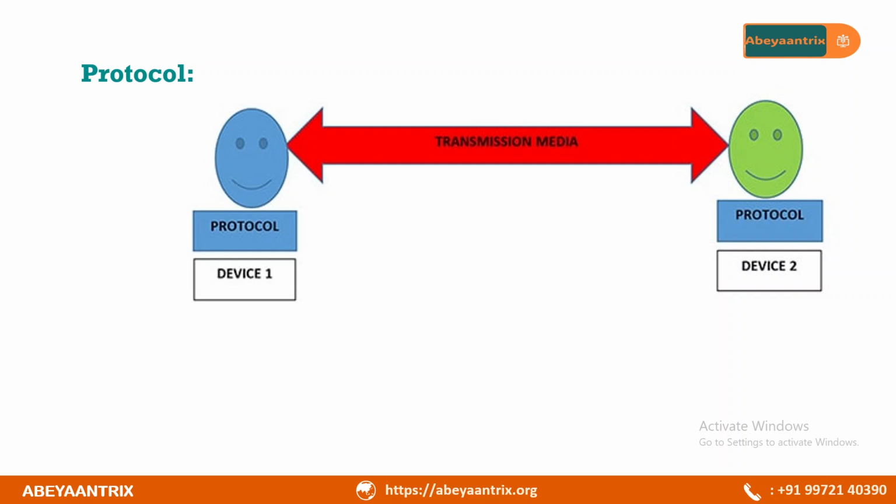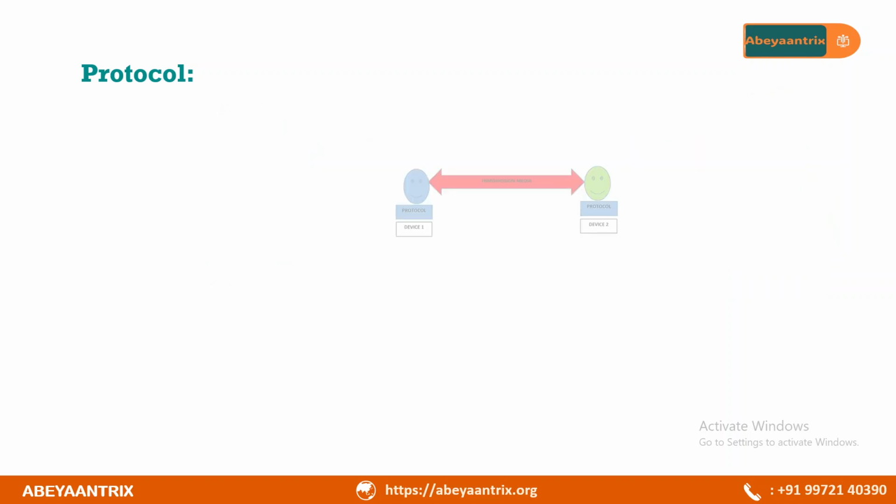They should know the same language if they are talking. In the same way, when two systems are communicating, they should know the rules of that protocol. Same way in the system also, if we are communicating with a web application, we should know the protocols.